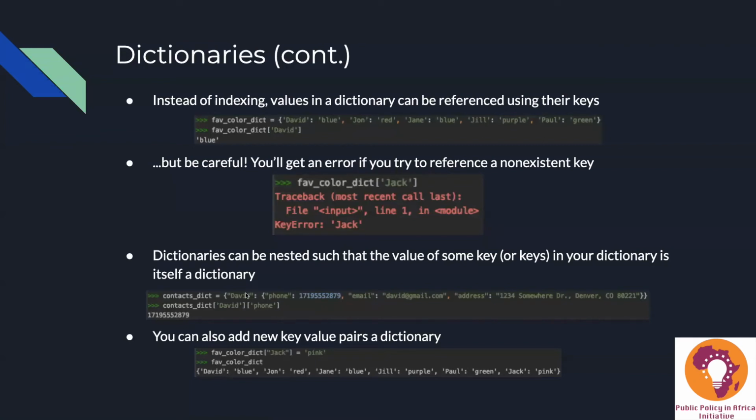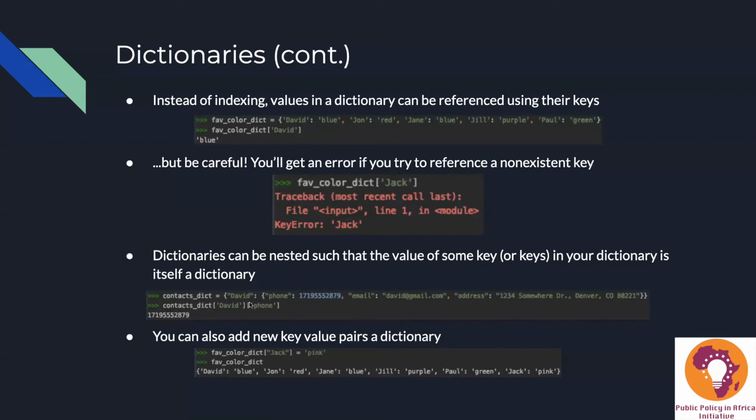So we have an outer dictionary which has one key value pair, David with this dictionary as its value. And then we have an inner dictionary which has three key value pairs, three items: the phone number key with their phone number as the value, the email key with their email, and the address key with an address.